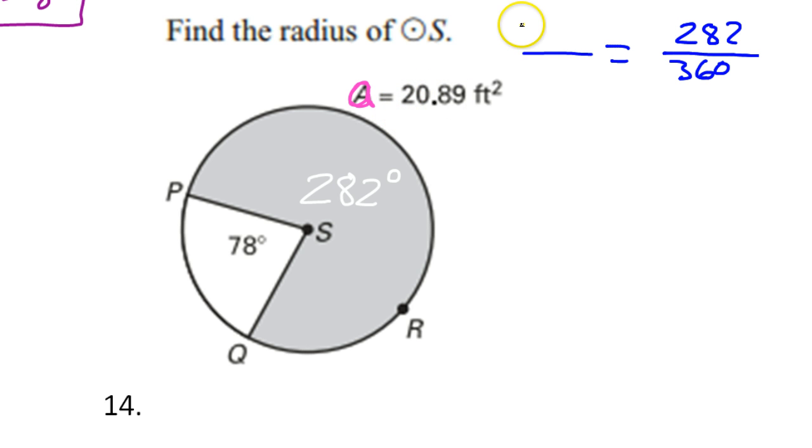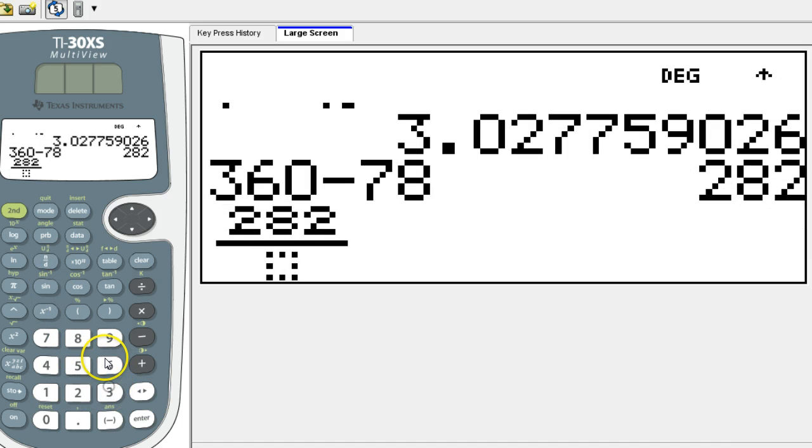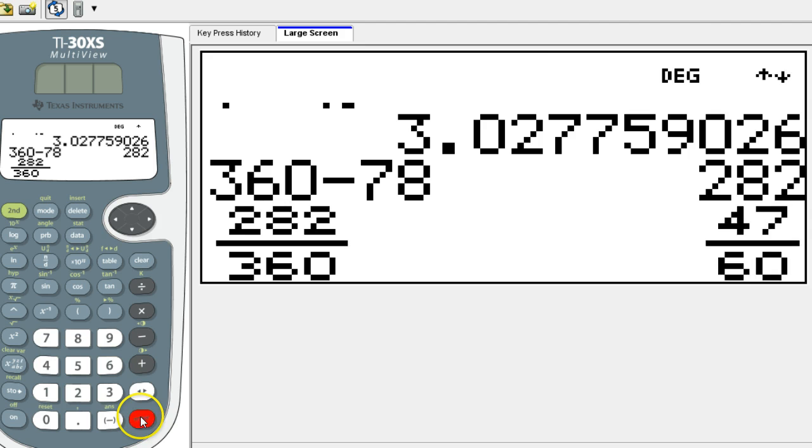Partial area goes in the top, so 20.89 divided by the total area. I'll use a capital A for the total area, to remind you what you have and what you don't have. 282 over 360. That's 47 over 60.